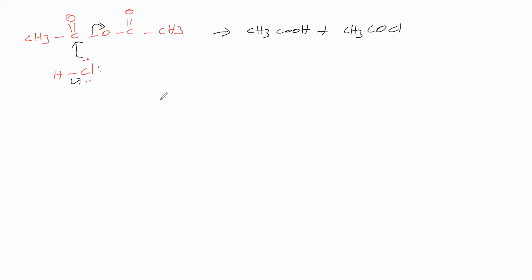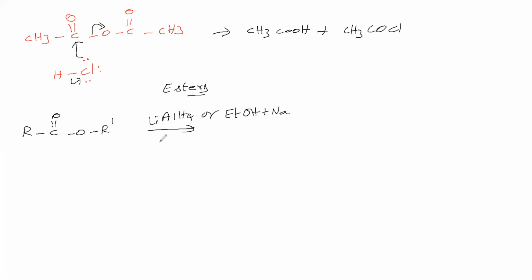So we are getting acid chloride and acid. Okay. Next we will go for esters. Now we will take an ester and react it with lithium aluminum hydride. Lithium aluminum hydride is the reducing agent, therefore it will give H minus. Aluminum hydride we are taking like this.